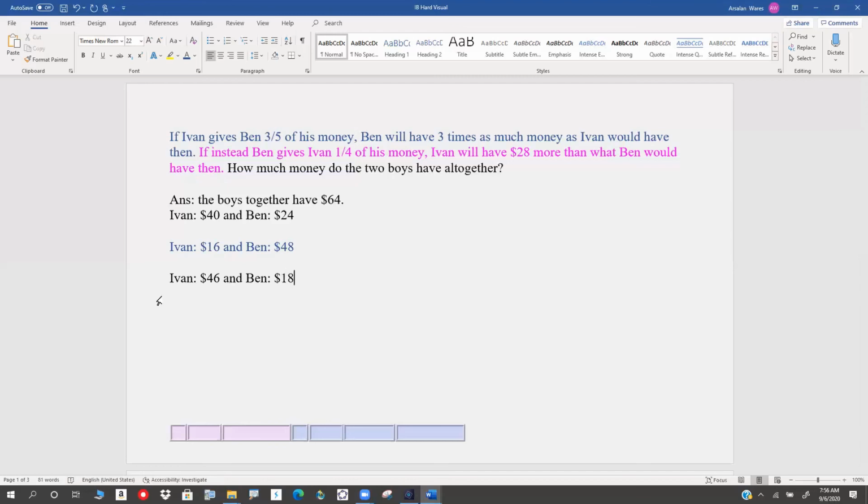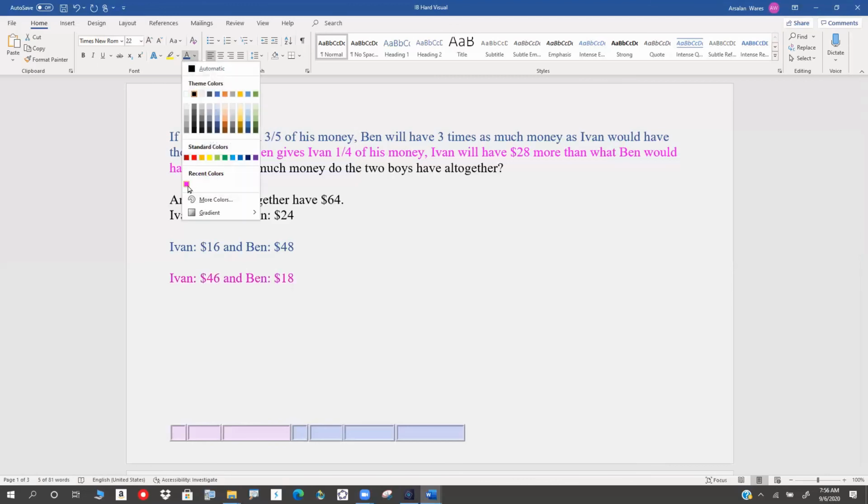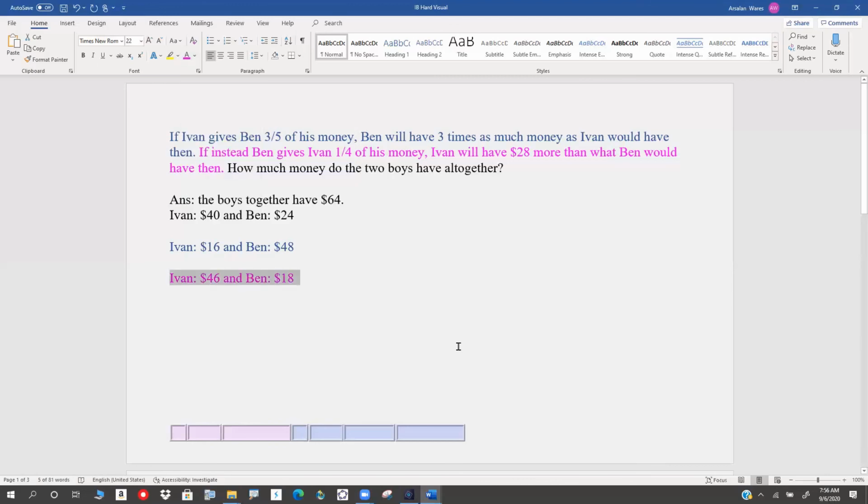And let's label it pink. And what's the difference between 46 and 18? The difference between 46 and 18 is $28. So our answer is also consistent with the pink statement. So we have to be correct. We are correct.